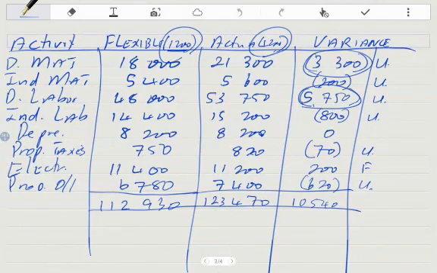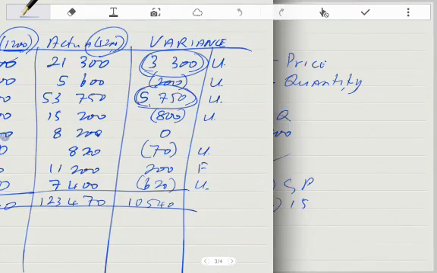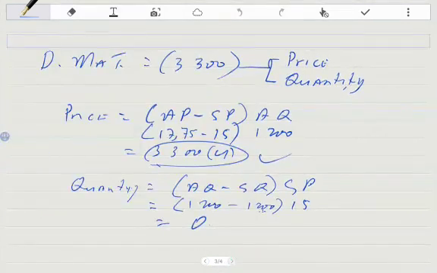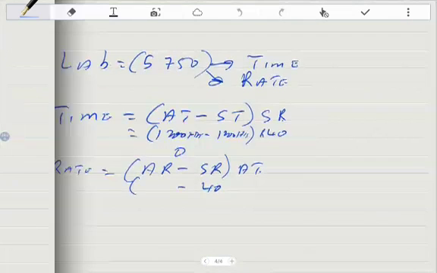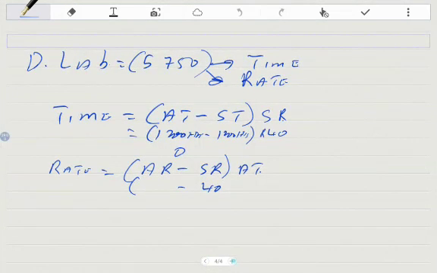Then it's going to give you 44 rand 79, or you can say 80. 44 rand 79, times the actual time, which is 1,200. Remember we said that we convert this in hours. The assumption was that we take an hour to produce a unit.